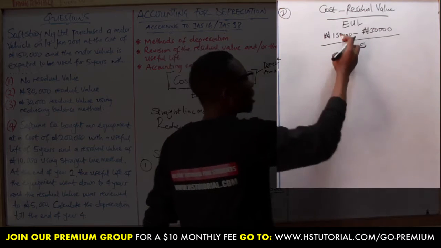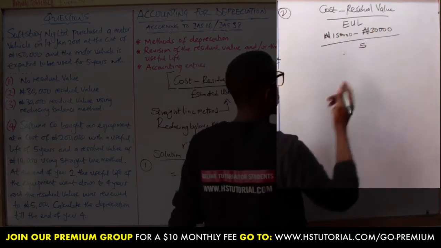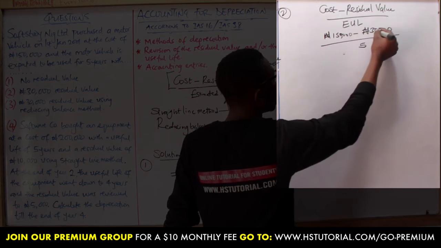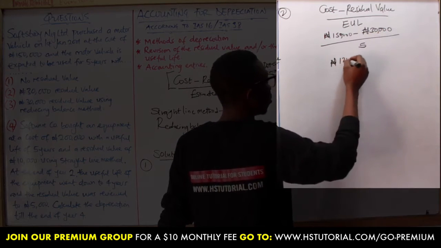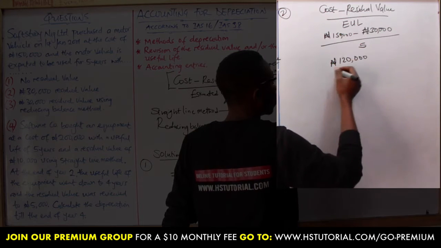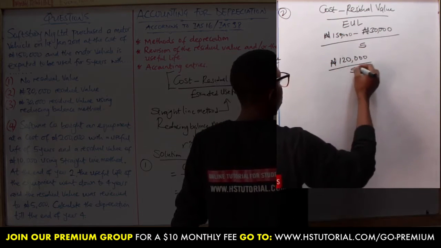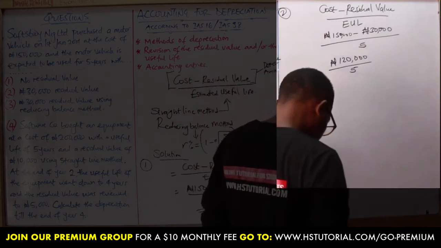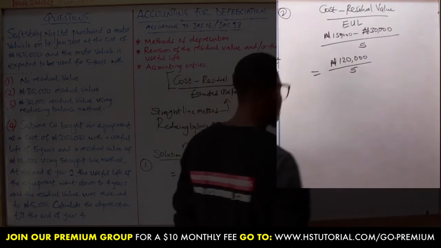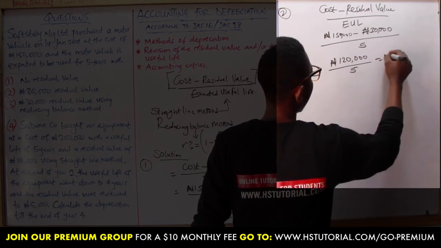So 150,000 naira minus 30,000 naira, what would that give? It will give us 120,000 naira all over 5, right? So now 120,000 naira divided by 5, what would that give? It will give us 24,000 naira.